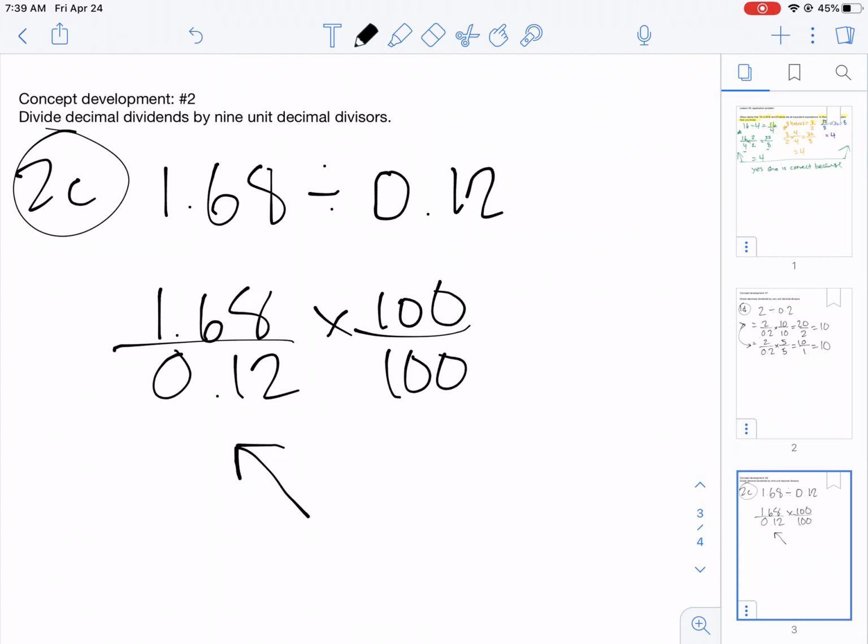Okay, so when you do this, you get 168. Remember, when you multiply by 100, the decimal shifts to the right 2 times. Or not the decimal. Your numbers shift to the left.